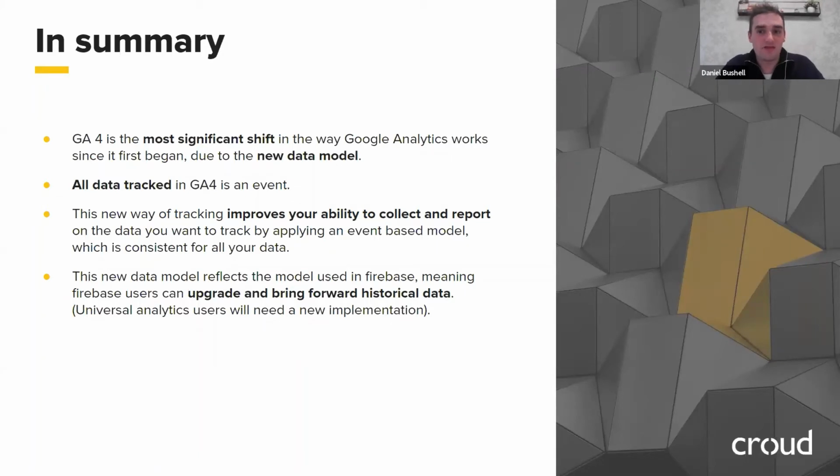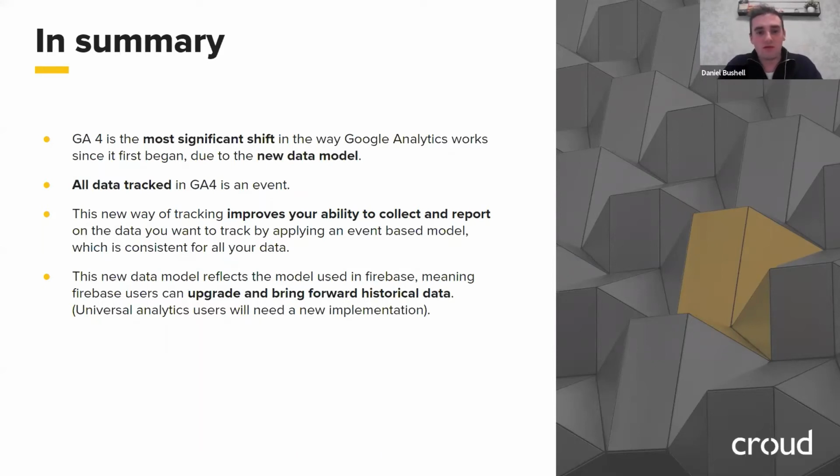This makes the process from implementation to insights so much more seamless, because once we've done the work to implement the data layer, that's going to be reflected in Google Analytics. We don't have to implement it and then add an extra step of thinking about how we are going to make this show up in Google Analytics. It's a reflection of the data layer, which makes implementation so much smoother.